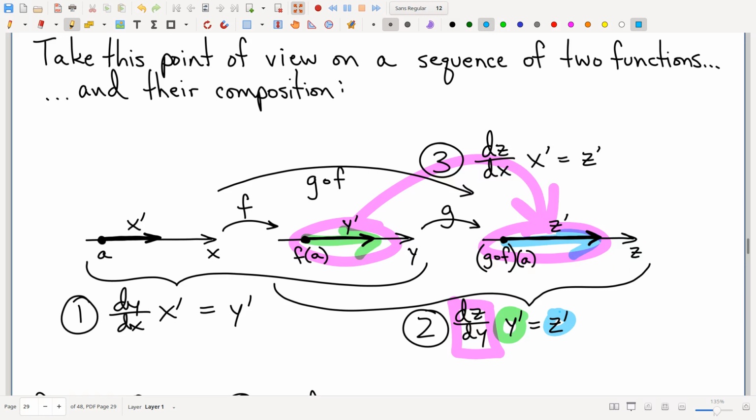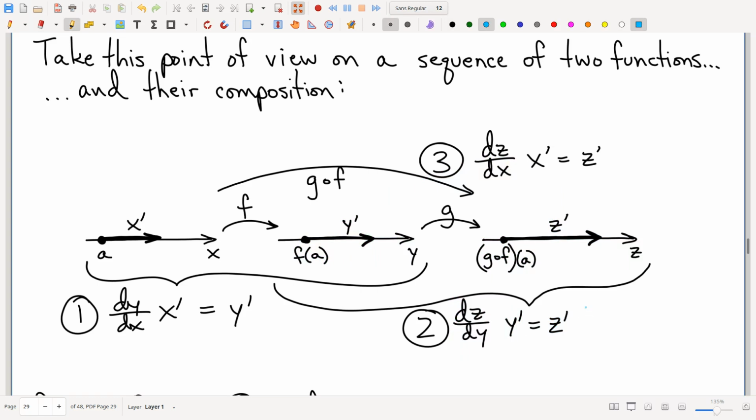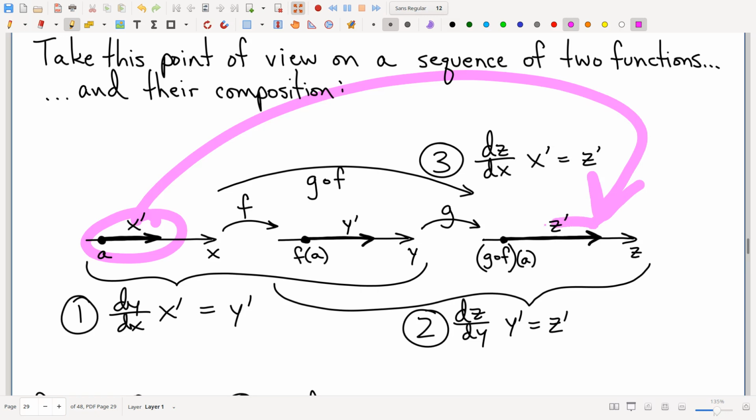Same idea applied now to the second function in the sequence. And then let's talk about the derivative of the composition. Same story. The derivative of the composition is the factor that I multiply by x prime to get z prime.